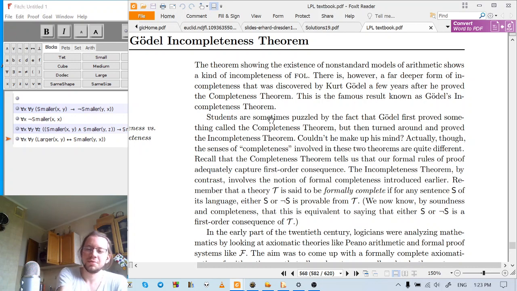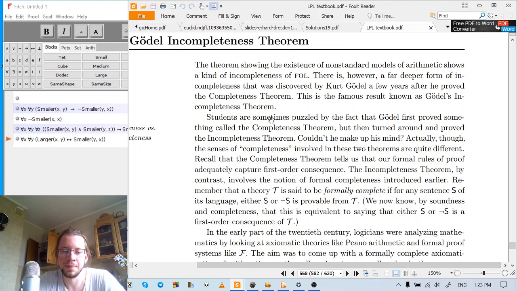Students are sometimes puzzled by the fact that Gödel first proved something called the completeness theorem, but then turned around and proved the incompleteness theorem. Couldn't he make up his mind? Actually, though, the senses of completeness involved in these two theorems are quite different.